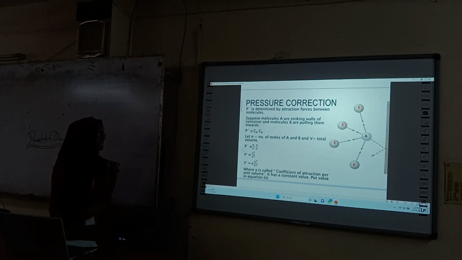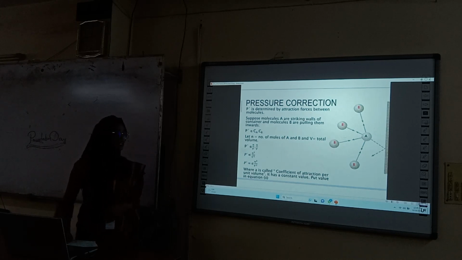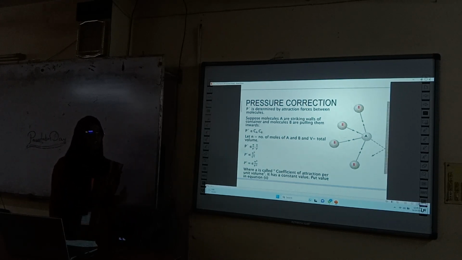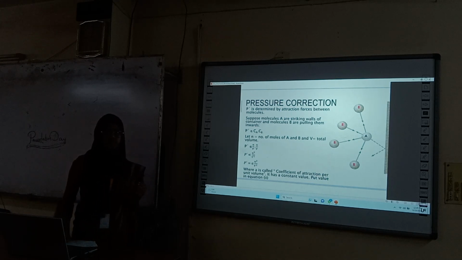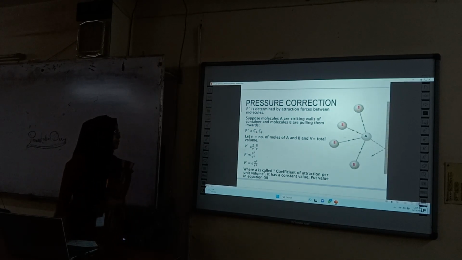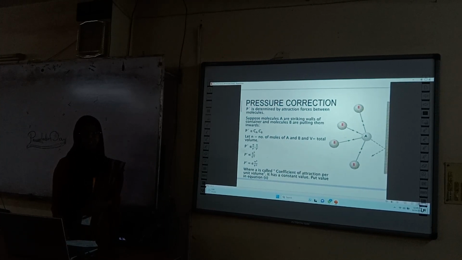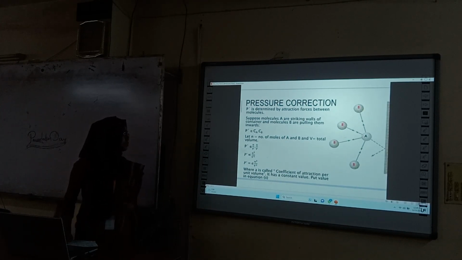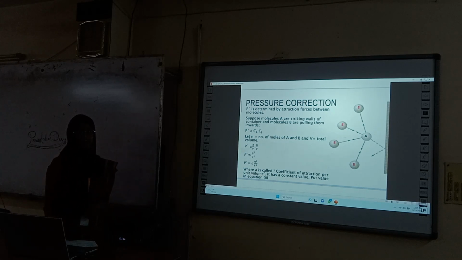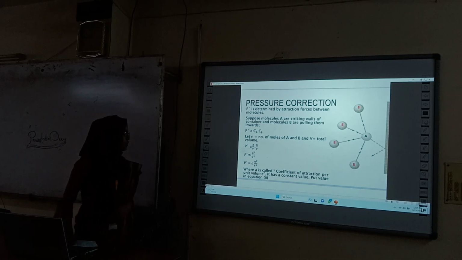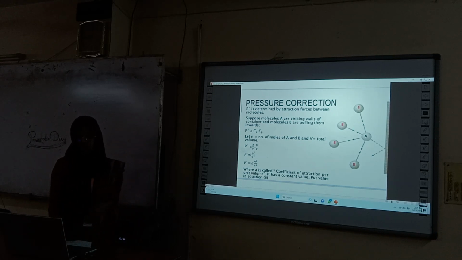Then P dash is proportional to n by V into n by V. Here n by V gives Ca and Cb. P dash is proportional to n square by V square, and finally P dash equals a n square by V square, where a is called the coefficient of attraction per volume and it has a constant value. Put this value in equation 2.